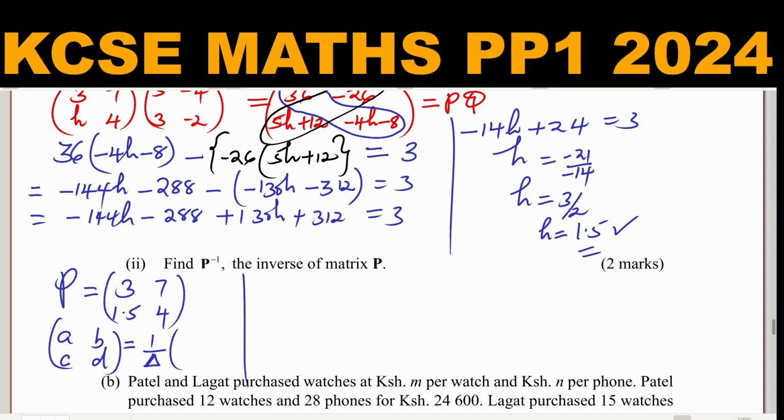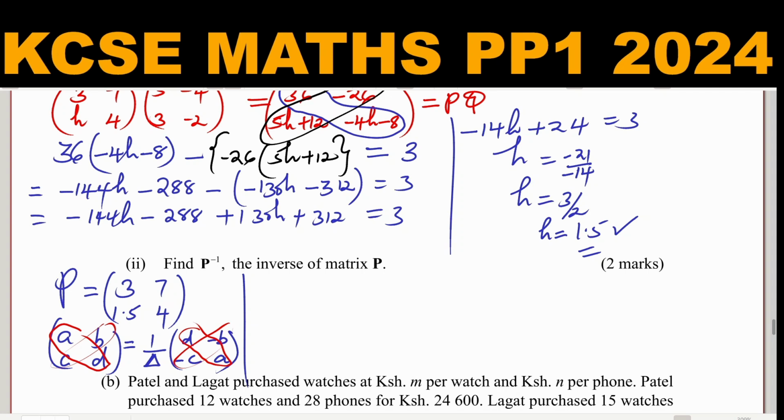So you have D, minus B, then minus C, A. Look at the way these are diagonals. The elements in one diagonal are interchanged, and for the other diagonal, they change the signs. So this is what is going to guide us in case you have any 2 by 2 matrix.